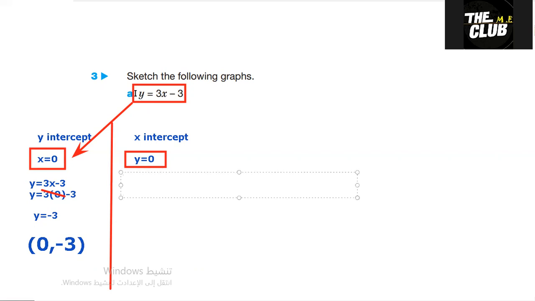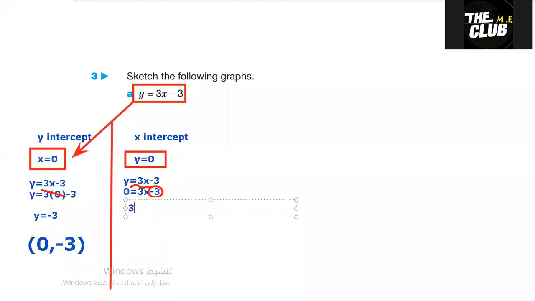So y equals 3x minus 3. We're going to say y equals 0. So 0 equals 3x minus 3. Now, we're going to take the minus 3 to the other side, and it's going to be positive 3.